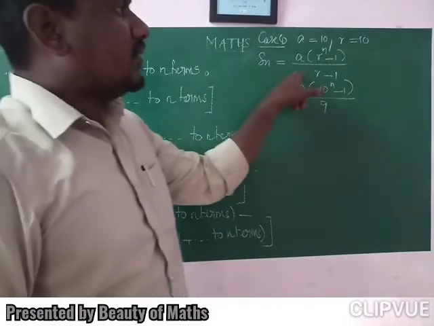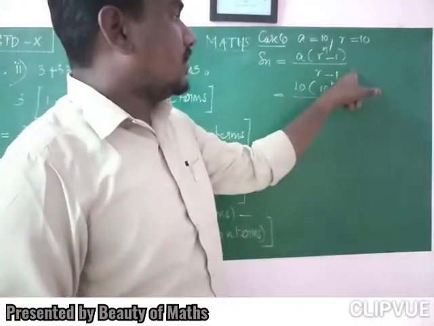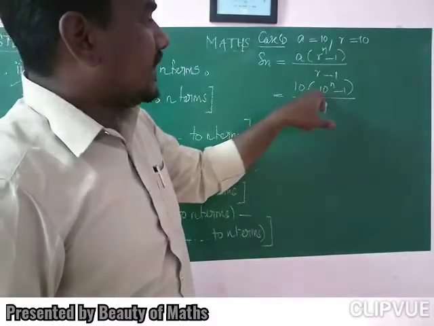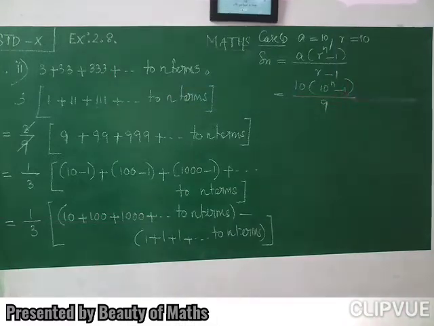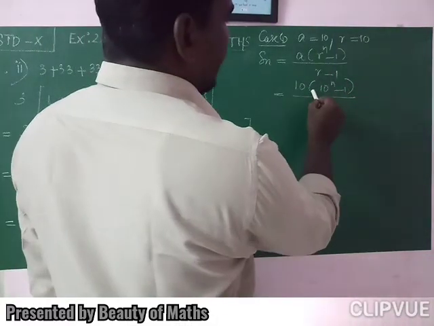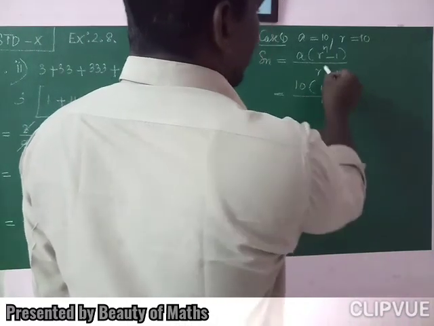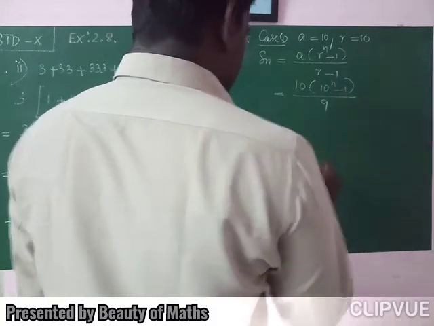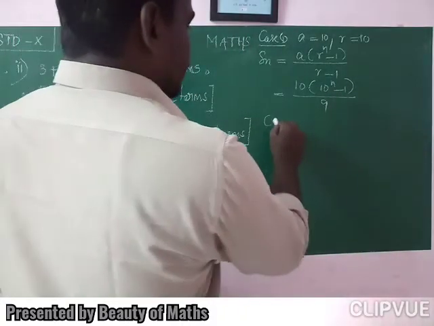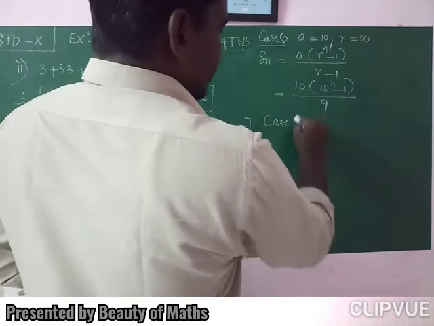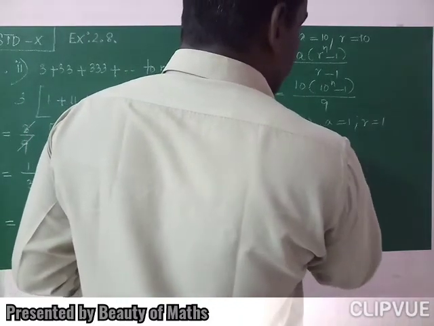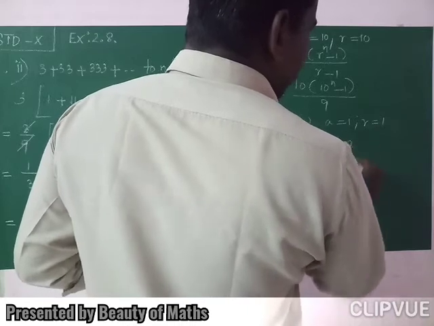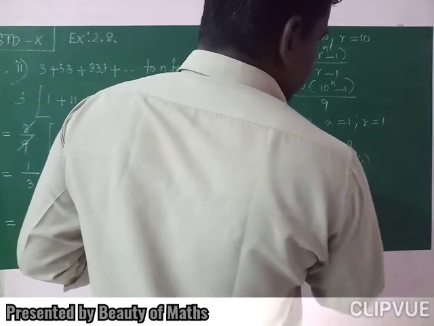Sn equal to a of r power n minus 1 divided by r minus 1, so Sn equal to 10 of 10 power n minus 1 divided by r value 10 minus 1, which gives 9. And in this case 2, a equal to 1, r is also 1. So Sn equal to na, where a is equal to 1, so Sn equal to n.